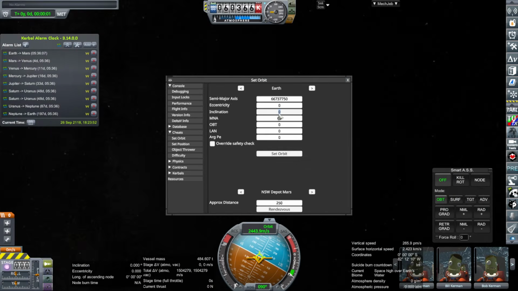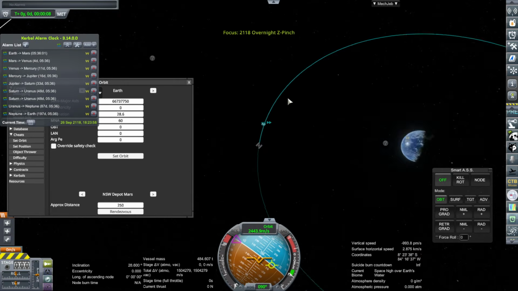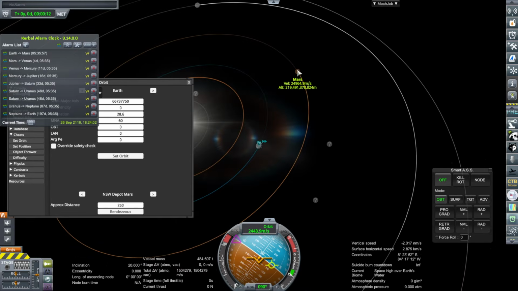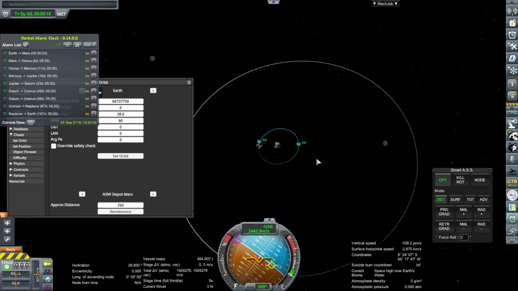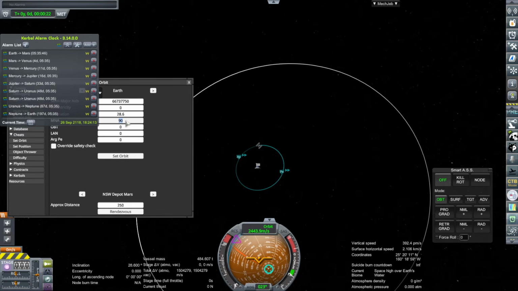First of all, we should have the inclination already in line with the ecliptic, more or less. That's Cape Canaveral standard. And what we would like is for the ship to be behind where we go out. So 90 is where? 90 is over there. So maybe 0.